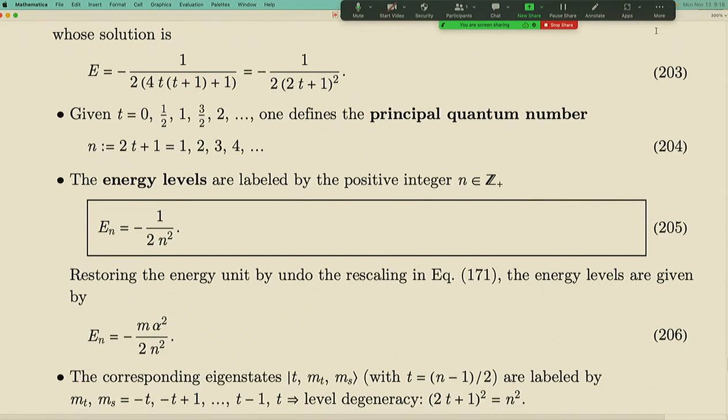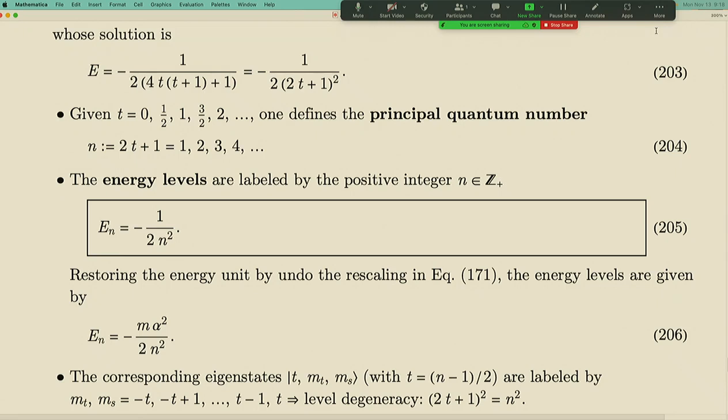Hopefully you have learned that in the hydrogen atom. We know that when electrons circulate around the nucleus, there are shells. Atomic structure has different shells, and each shell is labeled by a different n. n equals 1 is the first shell, then the second shell, third shell, and so on.